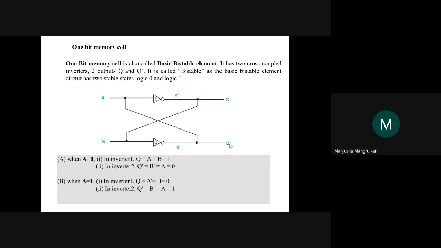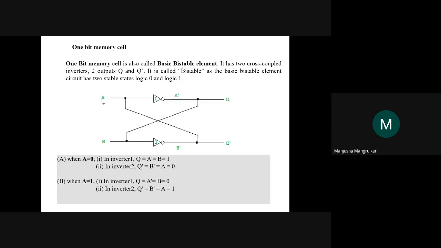So that is called the stable state, right? It won't change. Your first example is when A is equal to 0, so your stable state is Q equal to 1 and Q complement equal to 0.